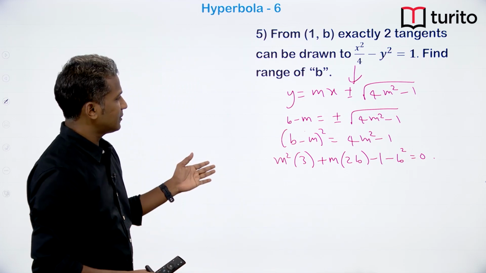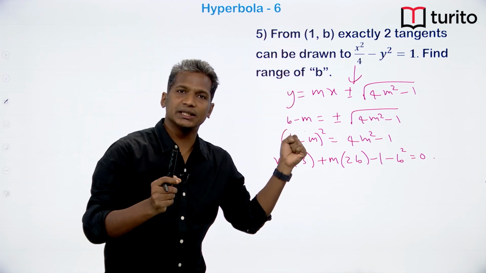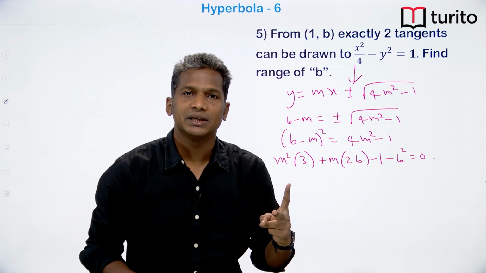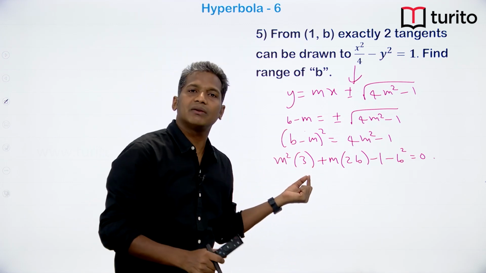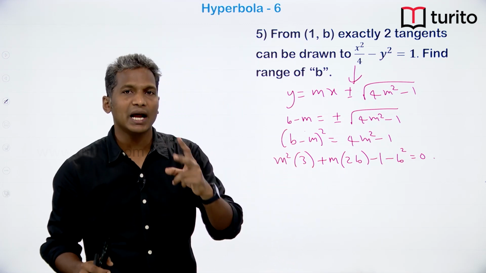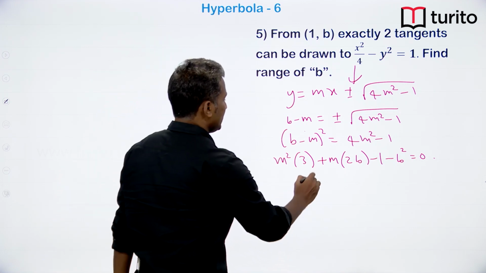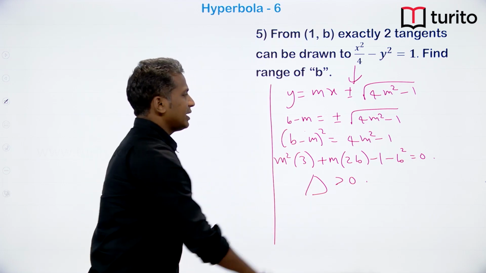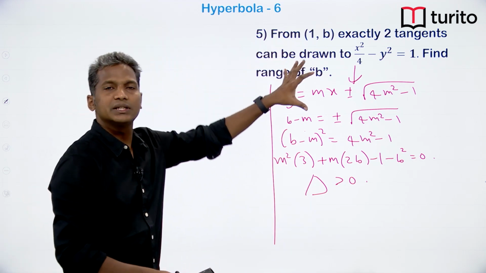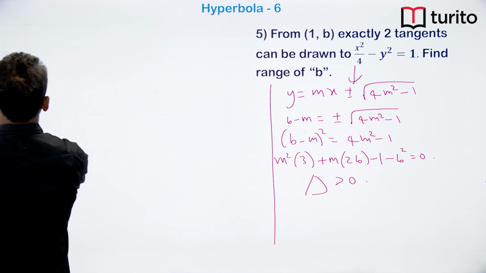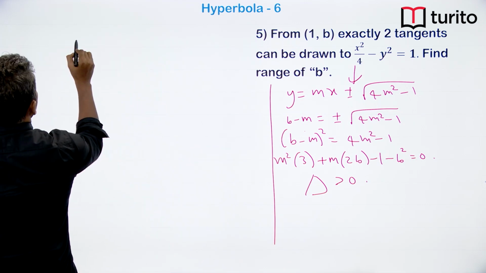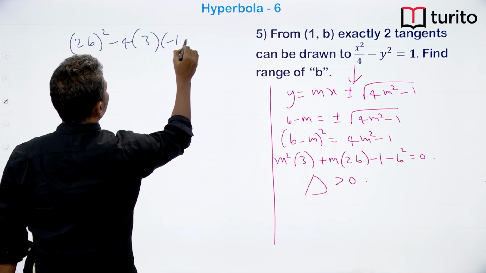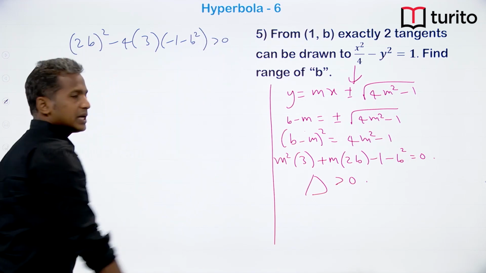This is a quadratic equation. Because the point is external, I should be getting 2 tangents. 2 tangents means the values of m that I get after solving must be real and distinct, so delta must be greater than 0. This will give me the required values of b. The discriminant is (2b) whole square minus 4 into 3 into (minus 1 minus b square), and it must be greater than 0.